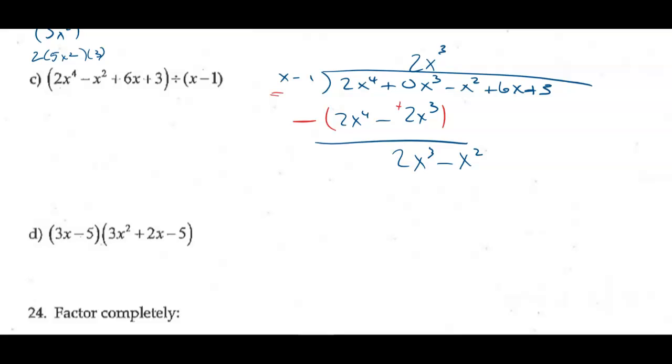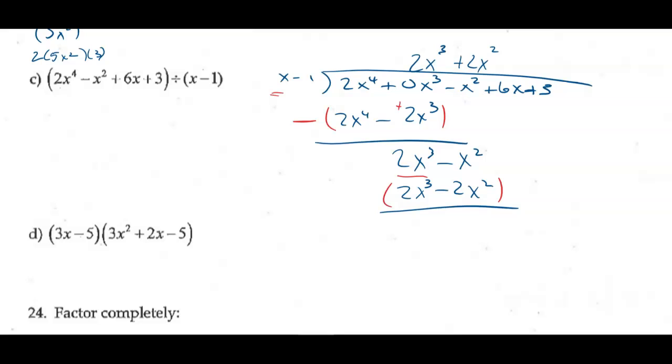First term into first term. Well, now I need a 2x squared. That's got to go over top of the x squared term. Notice again, only x squares in that column. Multiply it out. That's going to give me 2x cubed minus 2x squared.